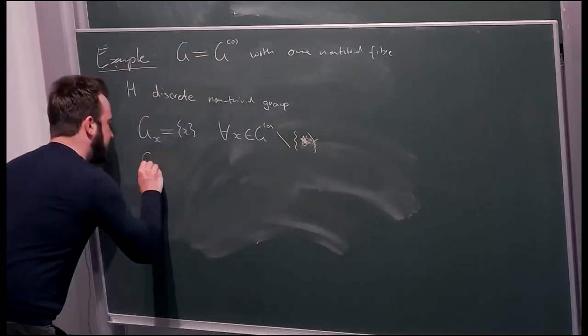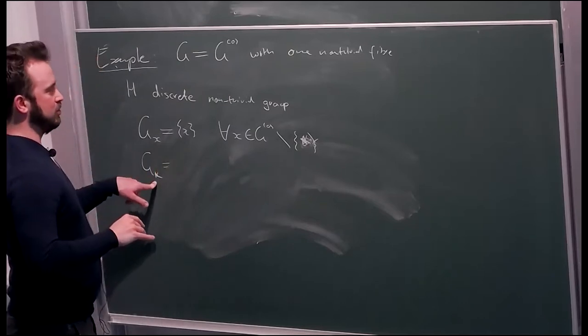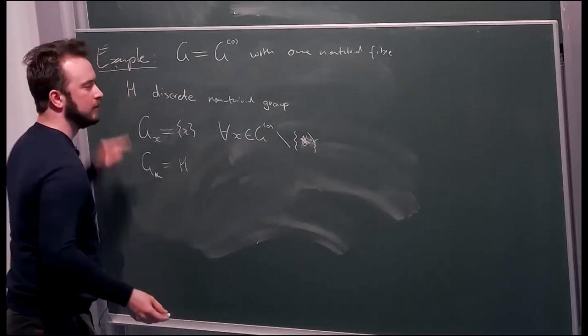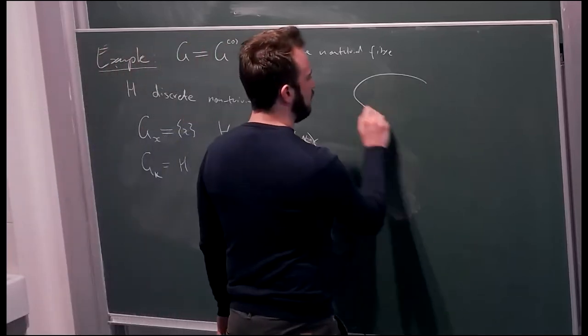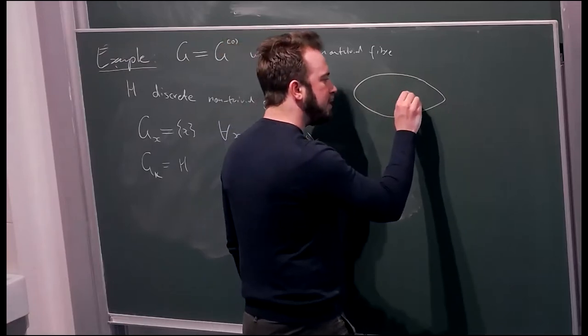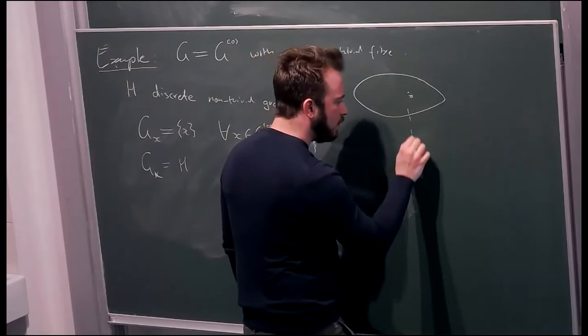And then the fiber at star should just be this group, so I get H. So what this looks like, I've got a topological blob. Everything's trivial everywhere except at one point, which is this star. I get this discrete group H.